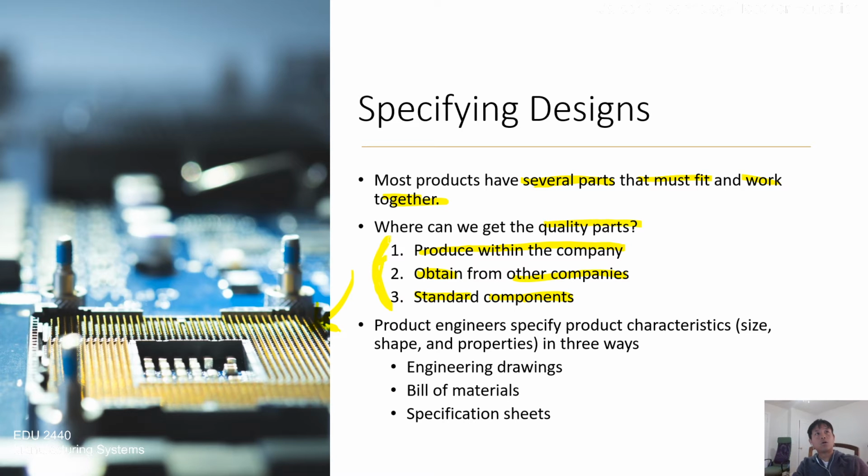For example, the Apple iPhone. They put a lot of effort into obtaining quality parts. That's why they sometimes design the parts themselves and then ask a third-party company to produce them.